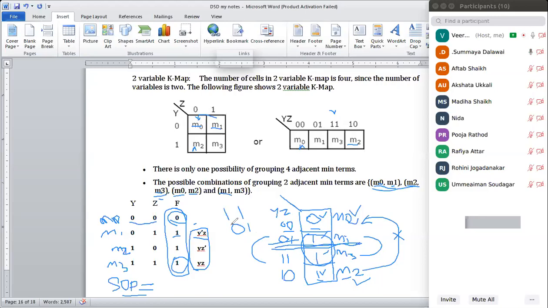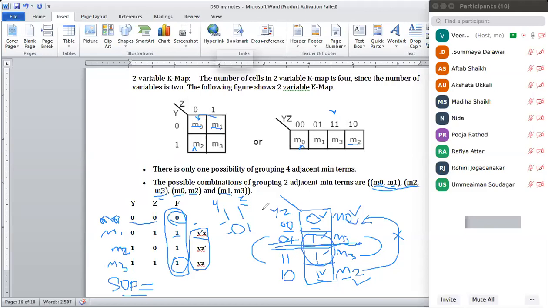Here this is Y, this is Z. What are the inputs for Y? 1 and 0. And for Z? It is 1 and 1.